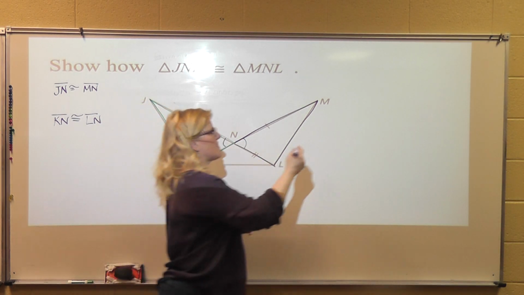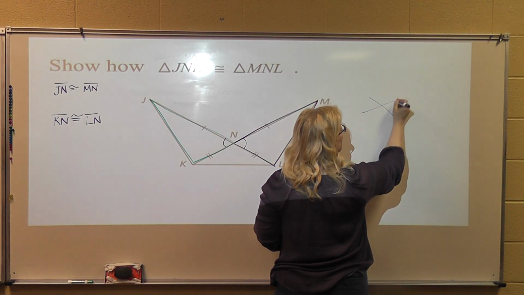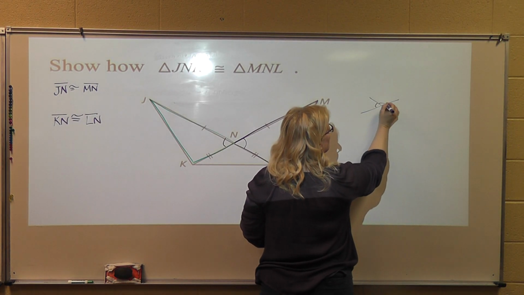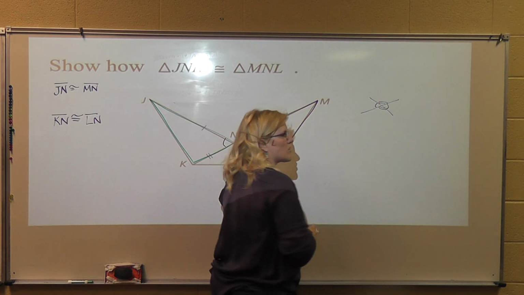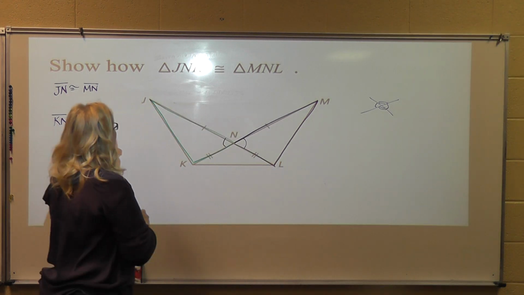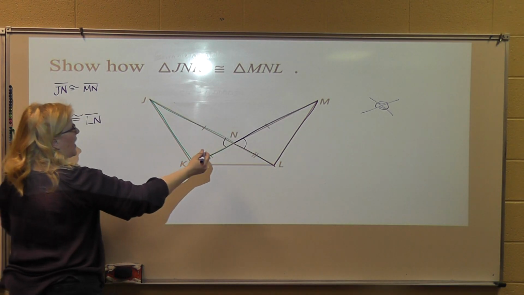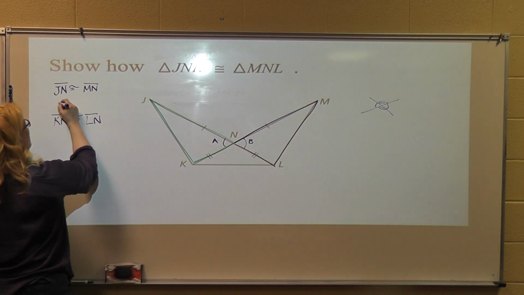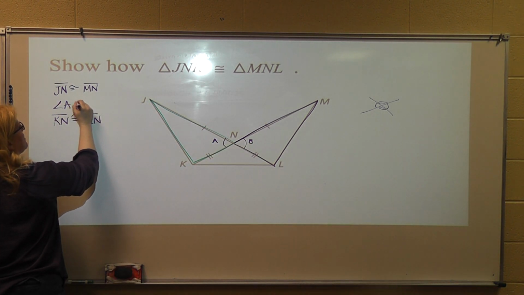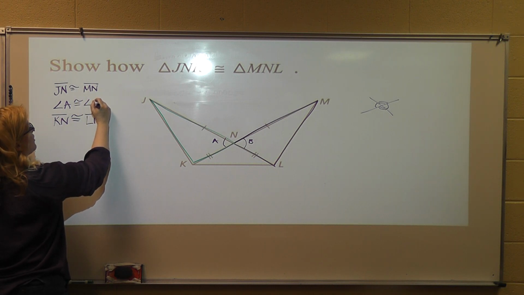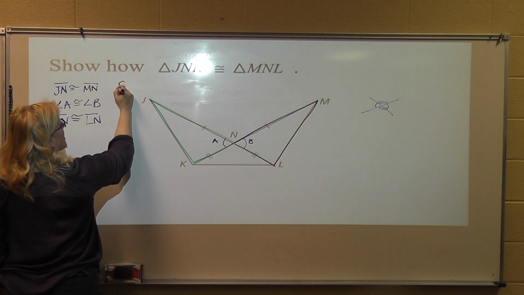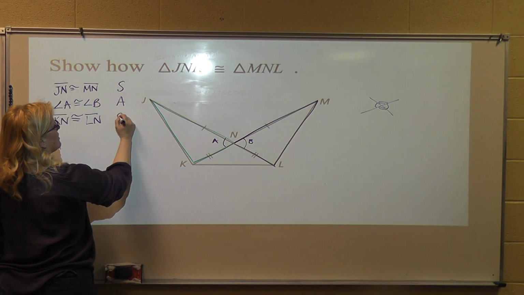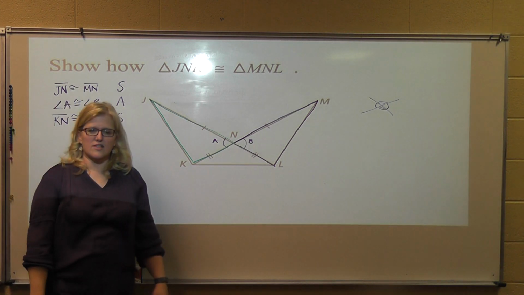It's the bow tie theorem. If we have two lines, those angles are congruent. In the middle there, let's call these angle A and angle B. The measure of angle A is congruent to the measure of angle B. Again, there's our side, there's our angle, and there is our side.